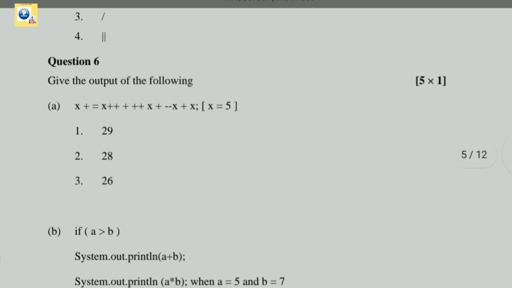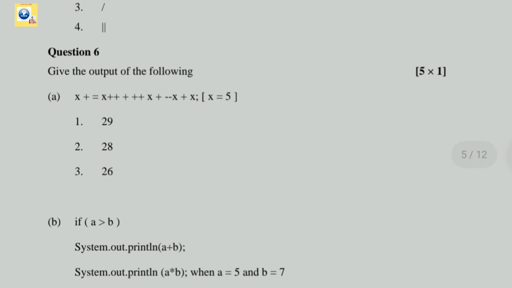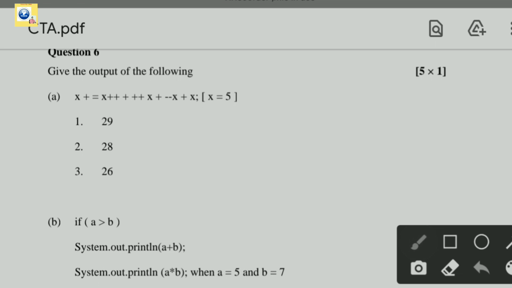Let us go to question number 6. What is question number 6? Here we have to tell the output of the following. Here we have a statement expression where we have to calculate. So let us do it. x plus equal to. So first we will write equal to x plus. What is the value of x? It is 5.